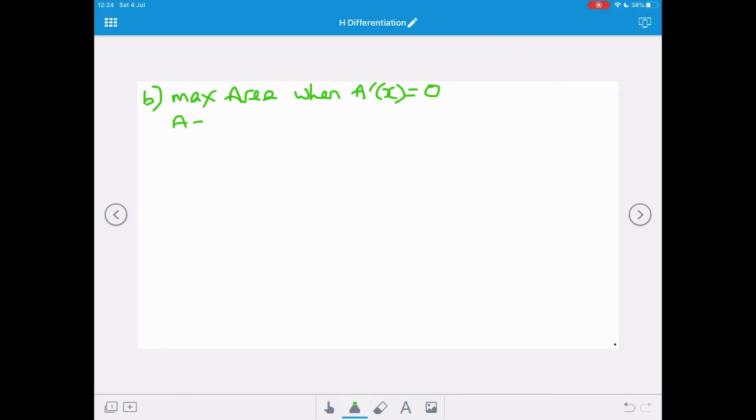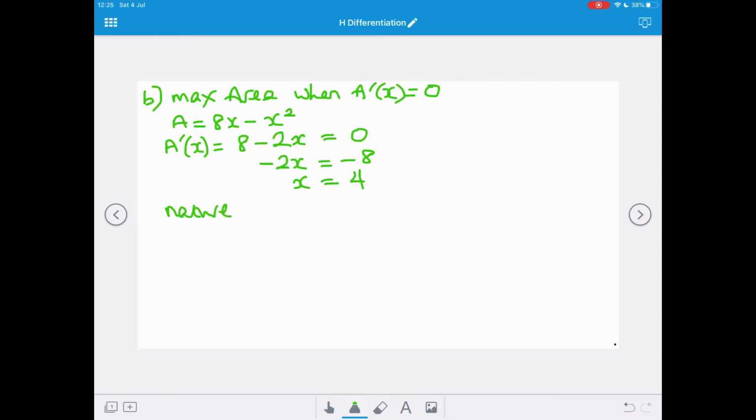From the previous slide, we got A equals 8x minus x squared, and so the derivative of A with respect to x is going to be 8 minus 2x. We make that equal to 0 to find the value of x. Doing some rearranging, we end up with x equals 4, and our units are centimetres.